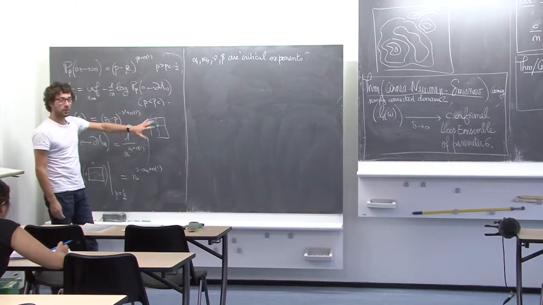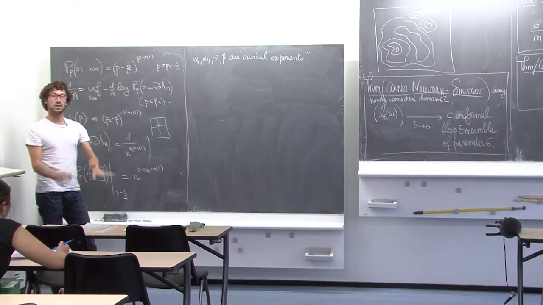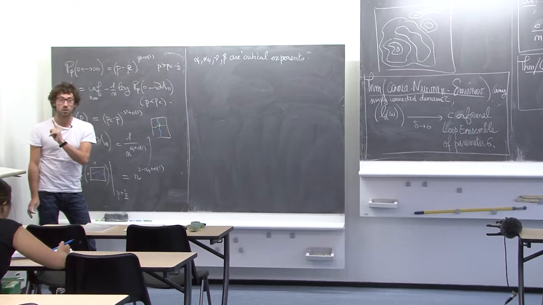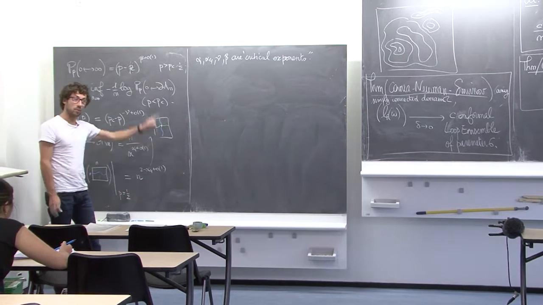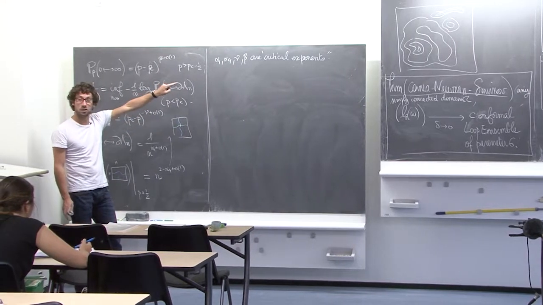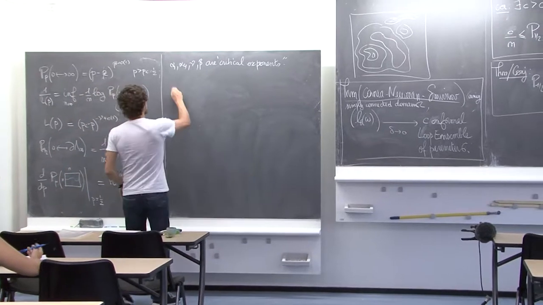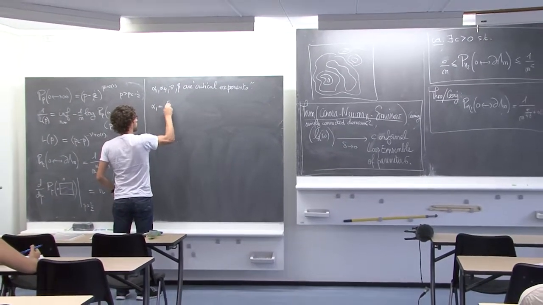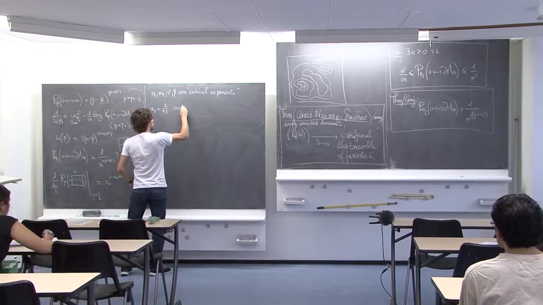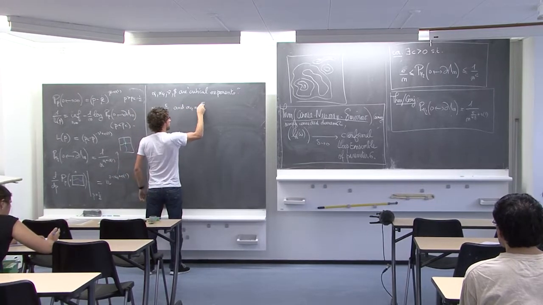So alpha 1, alpha 4, you can measure them at criticality. In particular, if you prove convergence to CLE, you can determine alpha 1 and alpha 4. So I gave you one example. Alpha 1 is 5/48. And alpha 4 is 5/4.